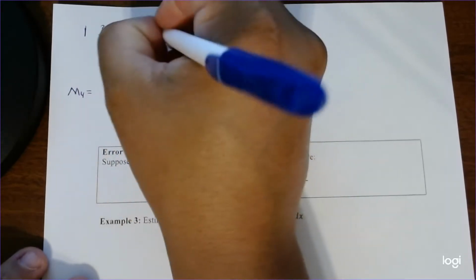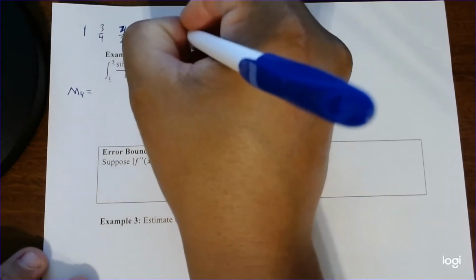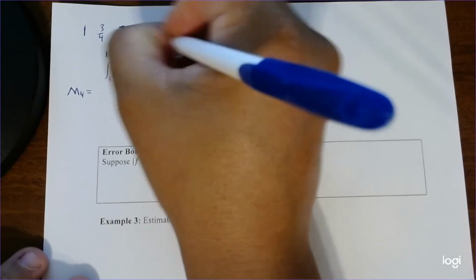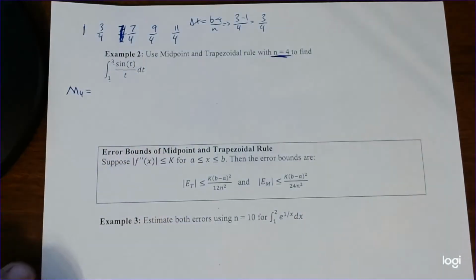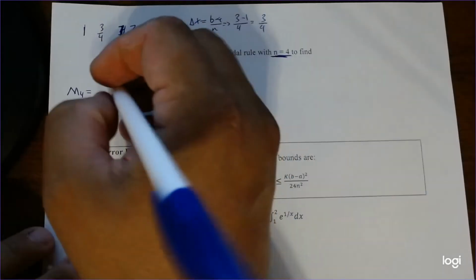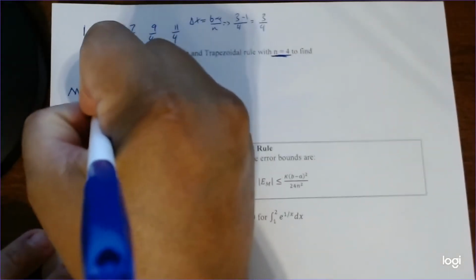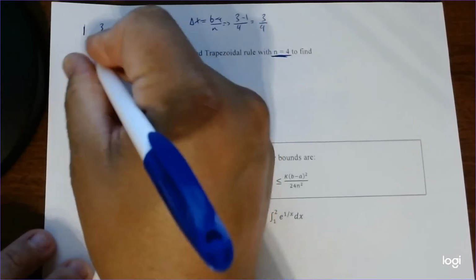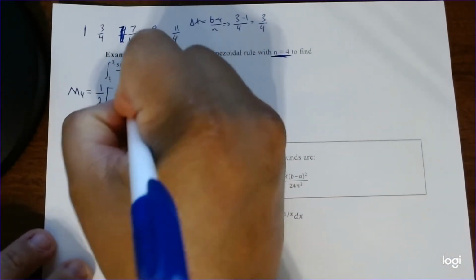Then 9/4, and then finally 11 over 4 as your midpoint ones. Okay. So those are exactly our midpoints themselves. Okay. So therefore, according to our equation, again, it's going to be 1/2 f of all of these put together.